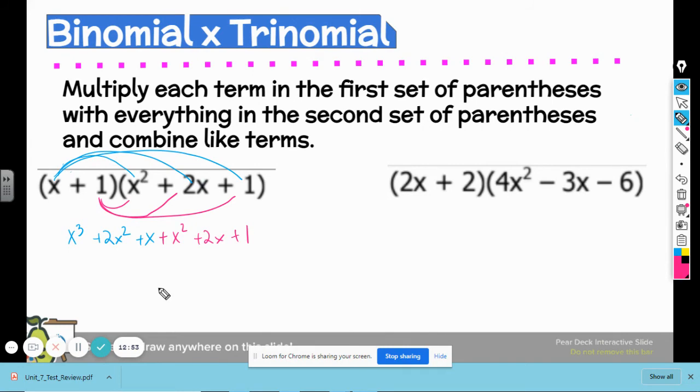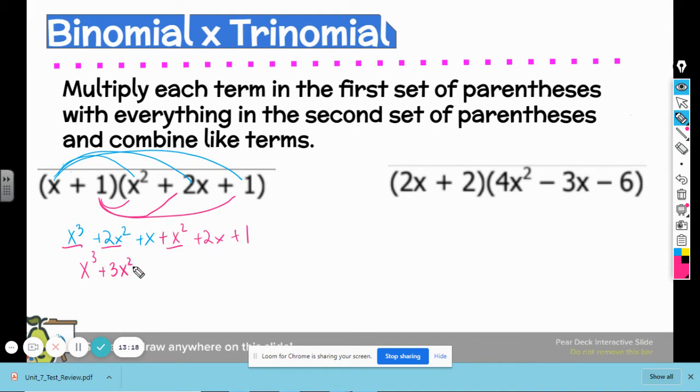And now I'm going to combine what I can. Is there anything to combine with that? No. It's the only x raised to a power of 3. But here we've got 2x squared and an x squared, so we're going to combine those. Plus 3x squared. Notice the term stays the same.